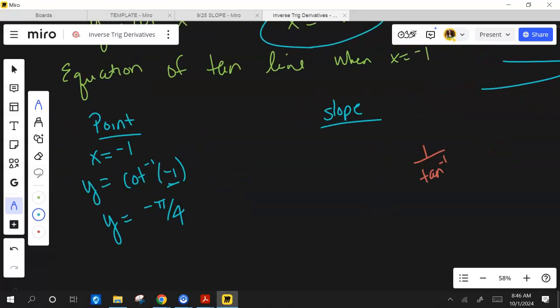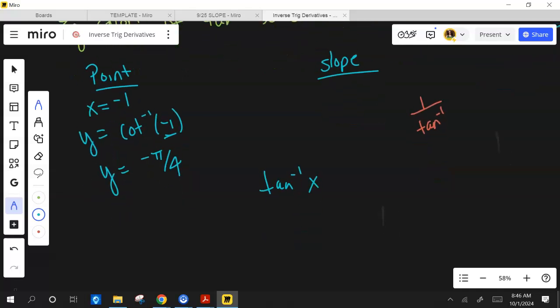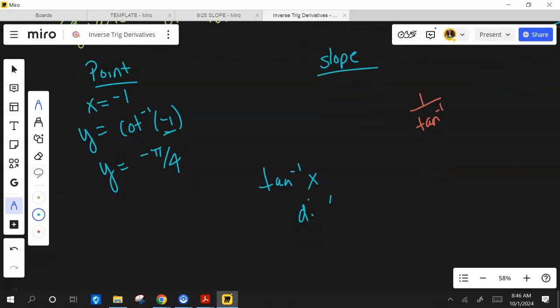So, inverse tan, domain restriction, is from negative pi over 2 to pi over 2, because otherwise it wouldn't be a function. Remember in pre-cal, I said the biggest thing to remember is what the domain is of these.